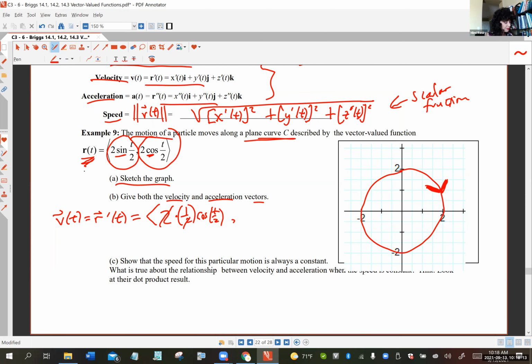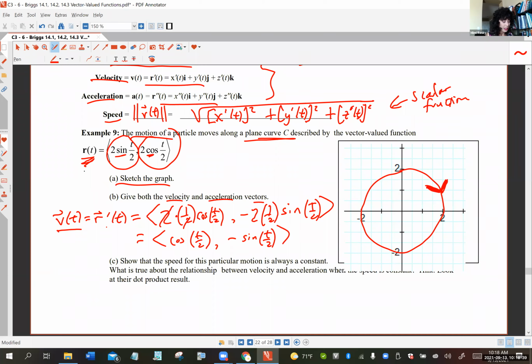Similarly, for cosine, the derivative of cosine is negative sine, so you're going to have a negative 2 and also a half factor, sine of t over 2. To make this look a little prettier, after the reducing, we get cosine of t over 2 for the first component, and negative sine of t over 2 for the y component.